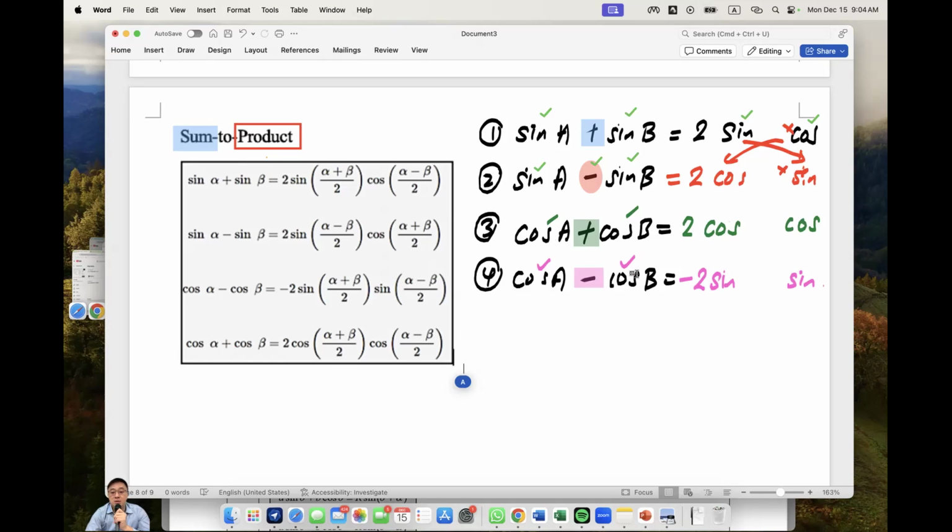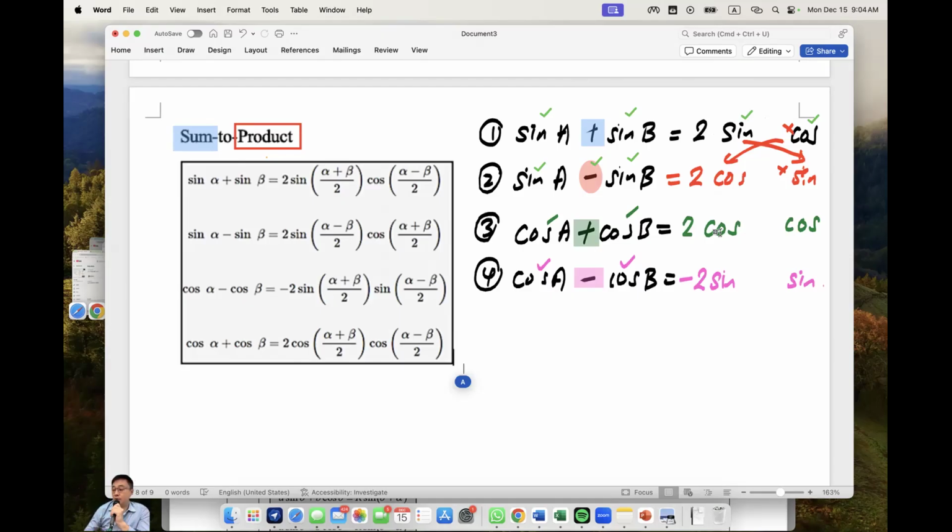The cos minus cos is what? Minus 2 sine sine. The formula is given. However, I would like to teach in this way so that you can remember ahead what this formula pattern looks like. So when it comes to the exam, you just use the correct formula accordingly.